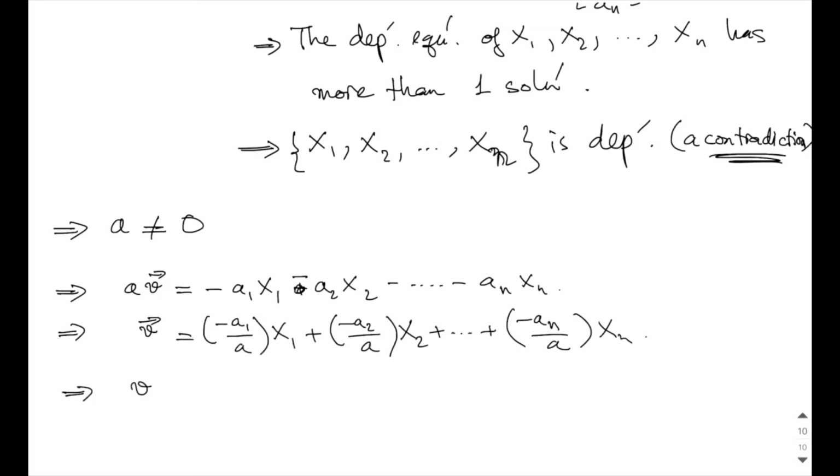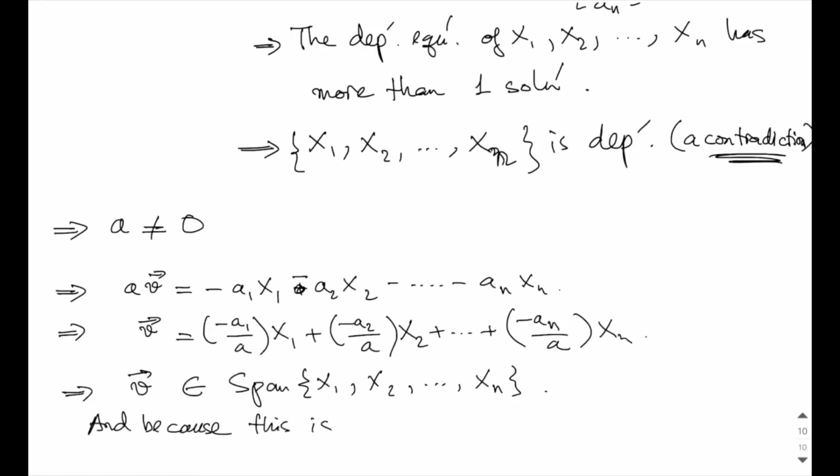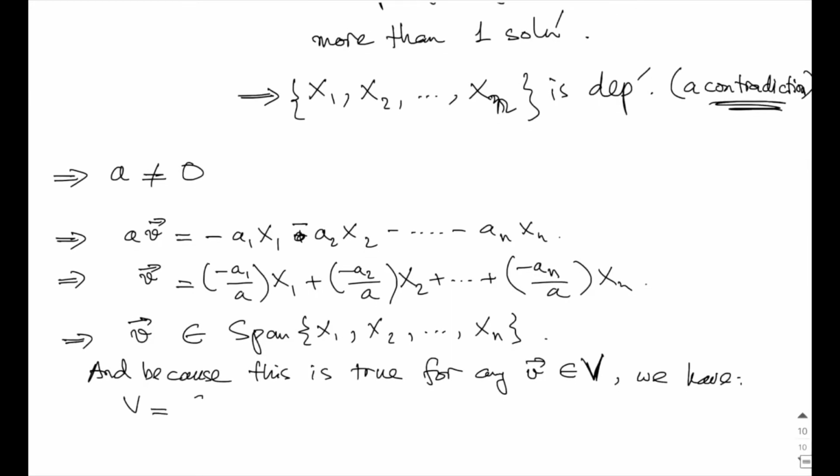So this implies that V is in the span of these x vectors. And because this is true for any V in the vector space V, we have the vector space V equal to the span of x1, x2, and xn. In other words, these vectors are also spanning V, and we are done.